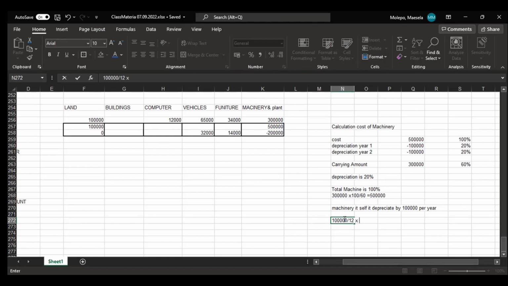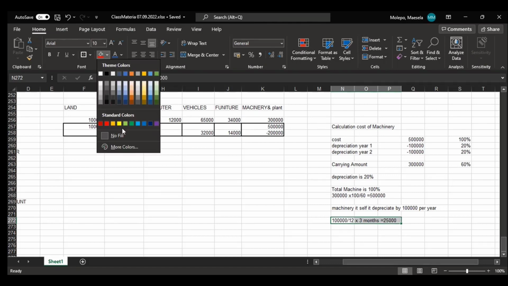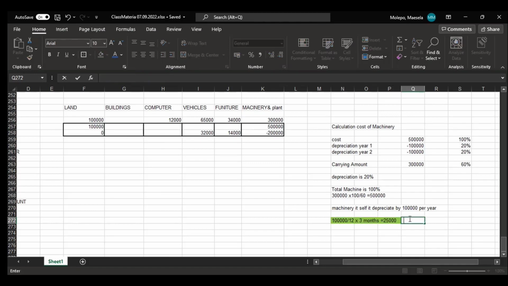Is it 3 months? Yes, 3 months. Which is how much? 25. We are still happy, all of us. So this will be depreciation capitalization.